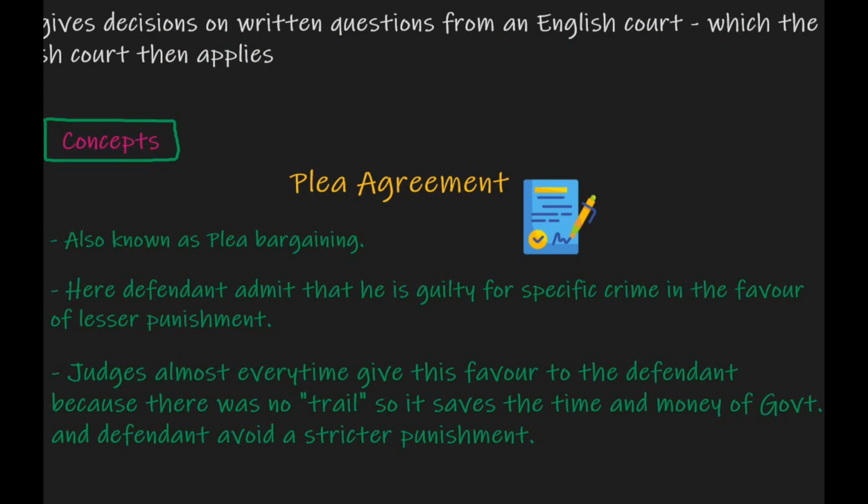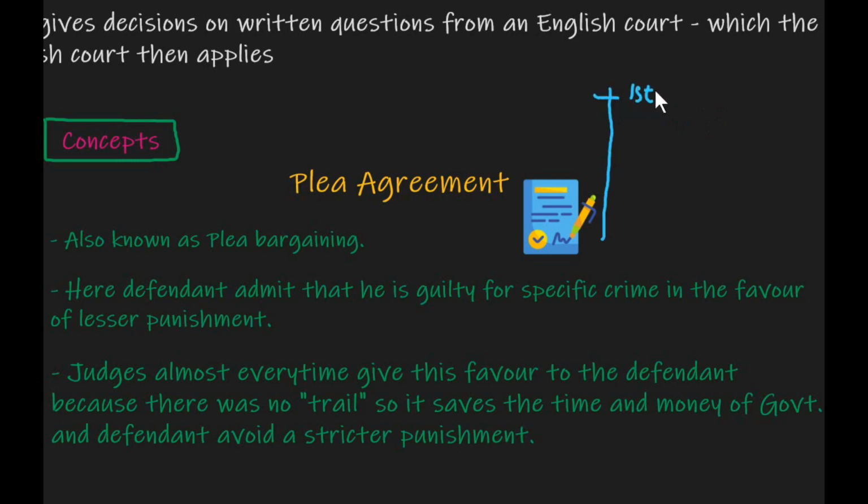As a law student, you should also know some legal concepts. First, let's talk about plea agreements, which are also known as plea bargaining. Here the defendant admits that he or she is guilty of a specific crime in favor of lesser punishment. Let's say we have three types of crimes here.